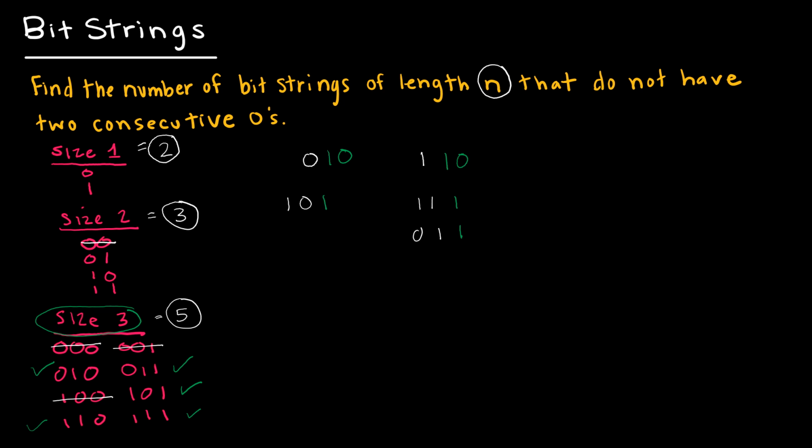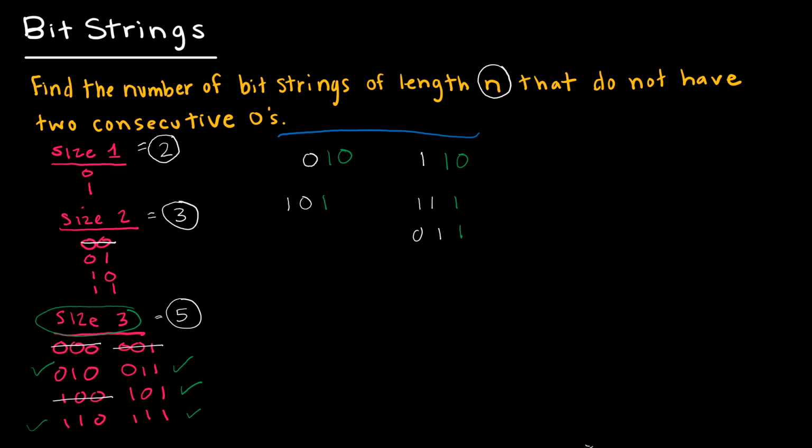So my question is, do you notice any pattern with how I've done this? How did I go from size 1 to size 3 and from size 2 to size 3? Because that's our conjecture, that we would just add 2 plus 3, but why does that work? Well, let's take a look at the size 1s.